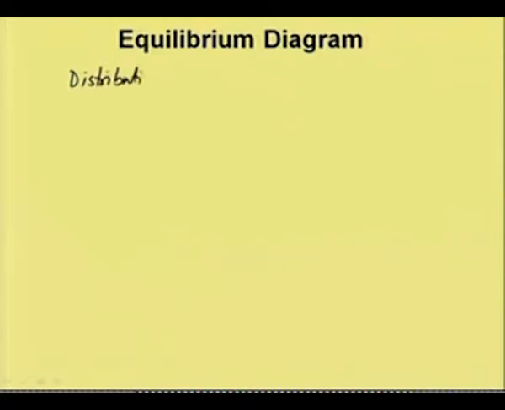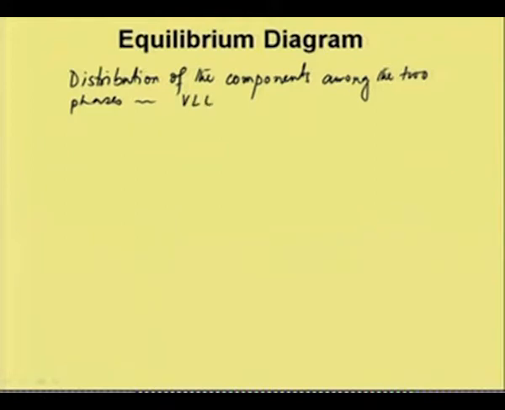The distribution of the components among the phases depends on the VLE, vapor liquid equilibrium, relationship. So, here we will only consider binary mixtures.